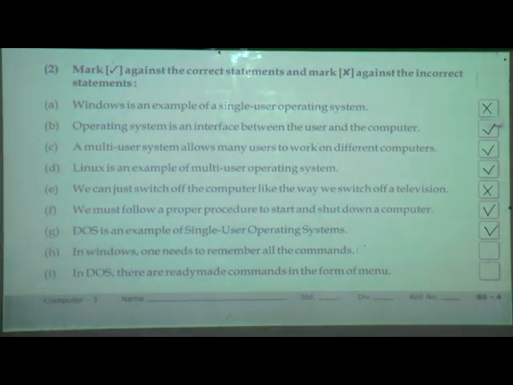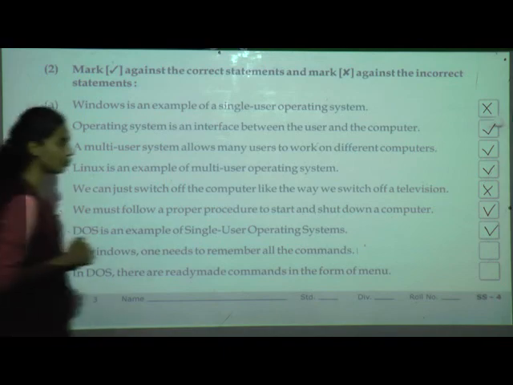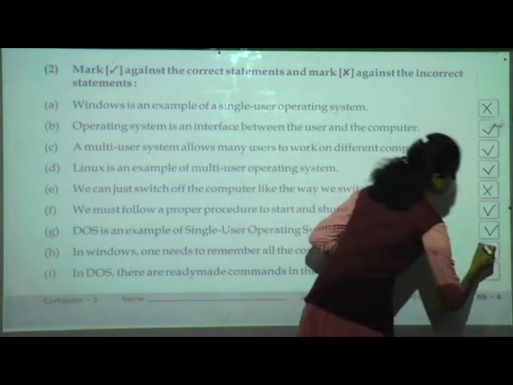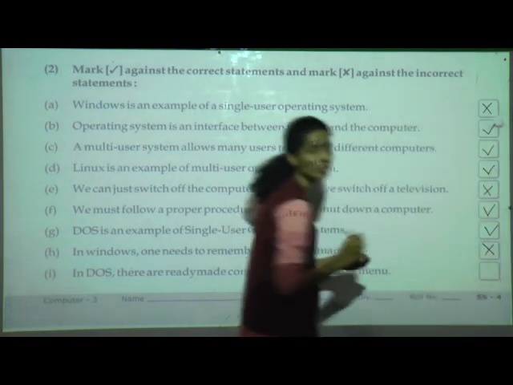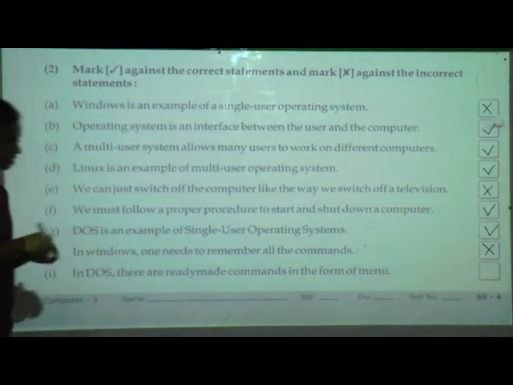Now next is, in Windows one needs to remember all the commands? No. In DOS one needs to remember all the commands. Then it is cross.